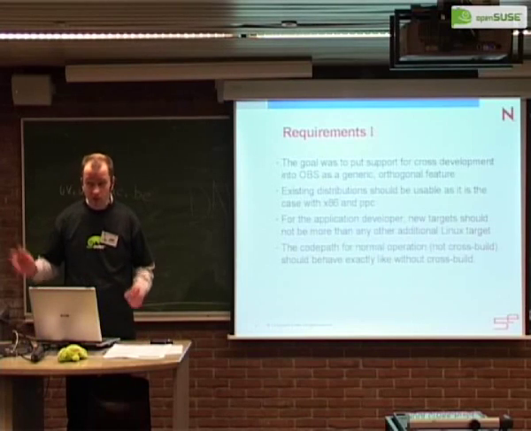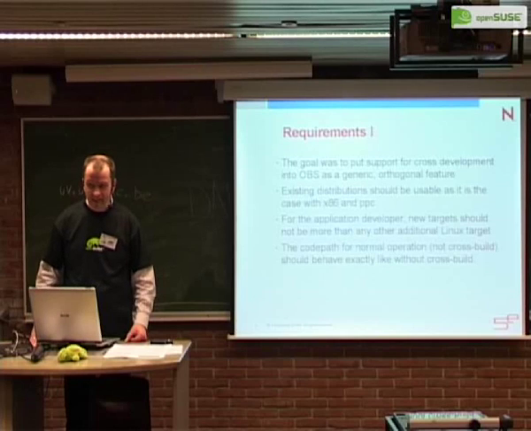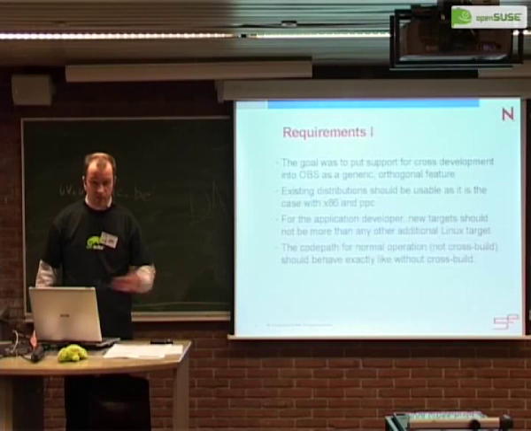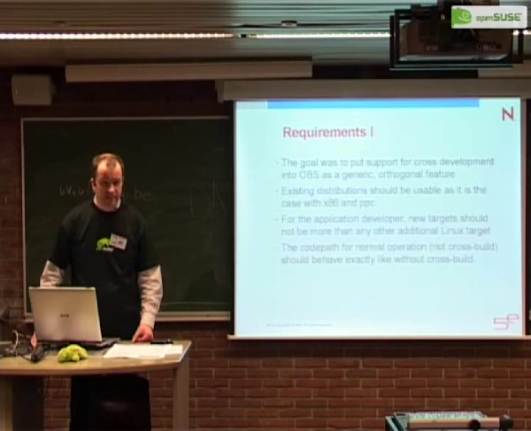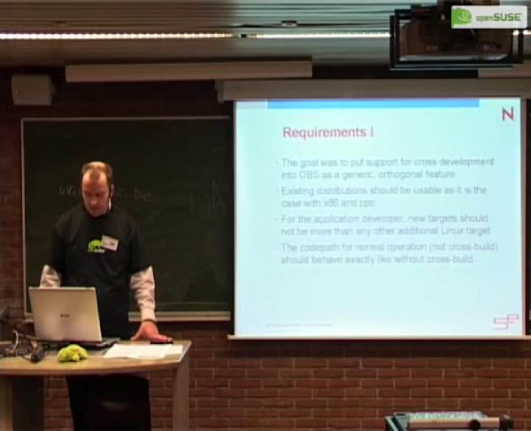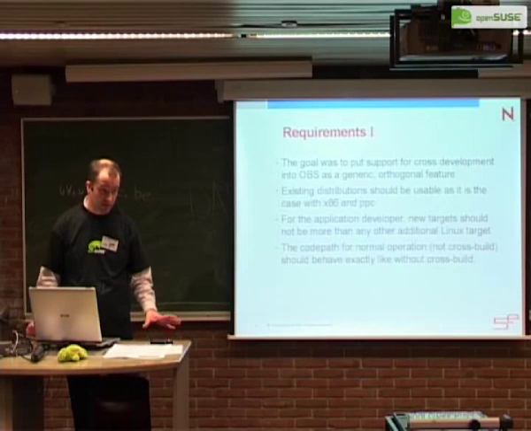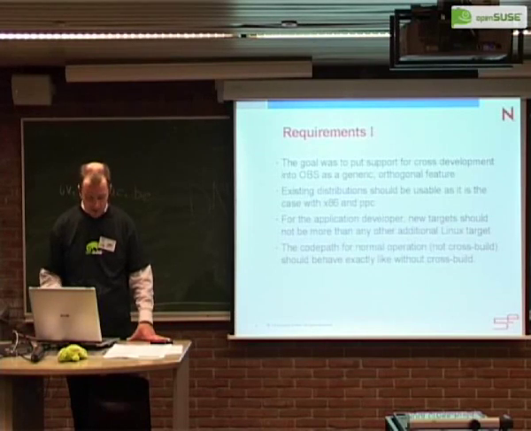You have one dimension that is the processor architecture, and you have the other dimension that is building it for that distribution or for another one with different releases. And our goal was to still keep that approach, and the user doesn't have to care about the internals of cross-building there. So it should be what I call orthogonal.